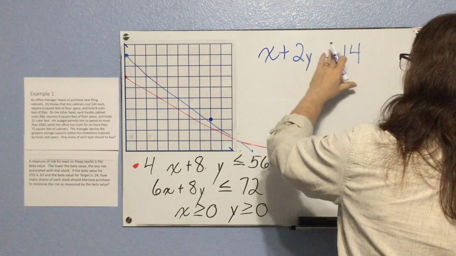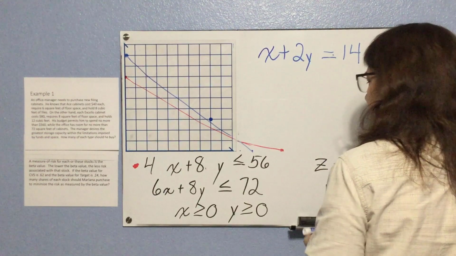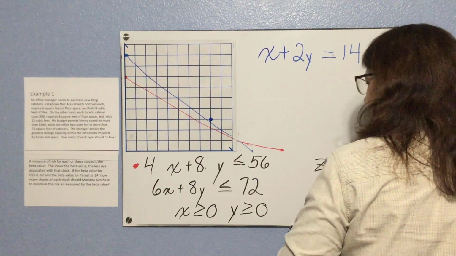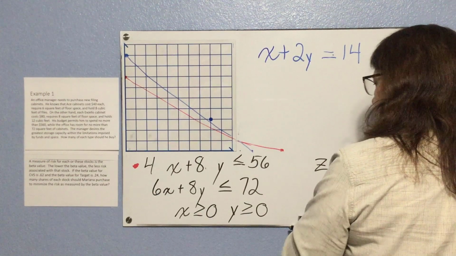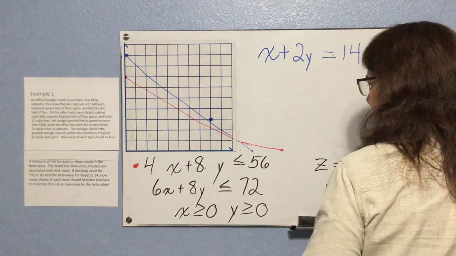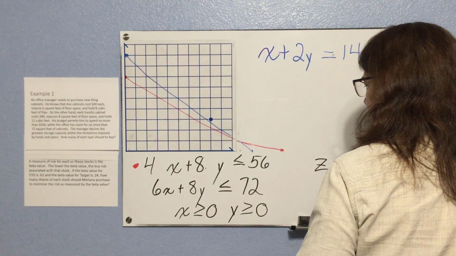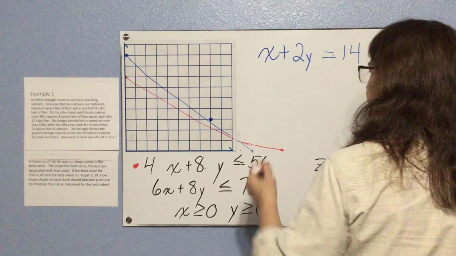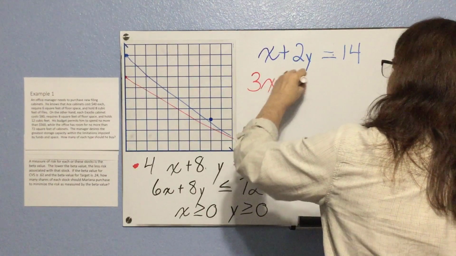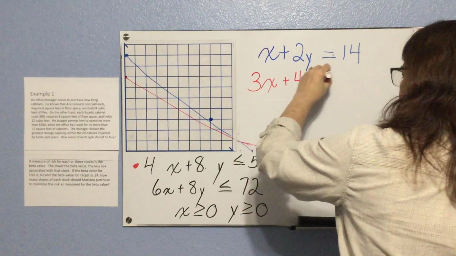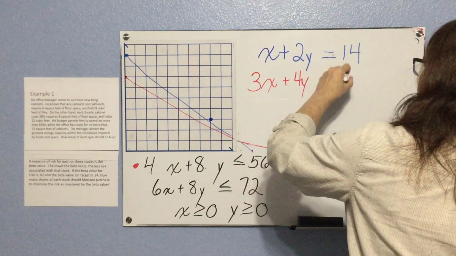And let's just go with equals because we're trying to find an intersection point. And this one I could reduce by 2, and just have 3x plus 4y equal to 36.